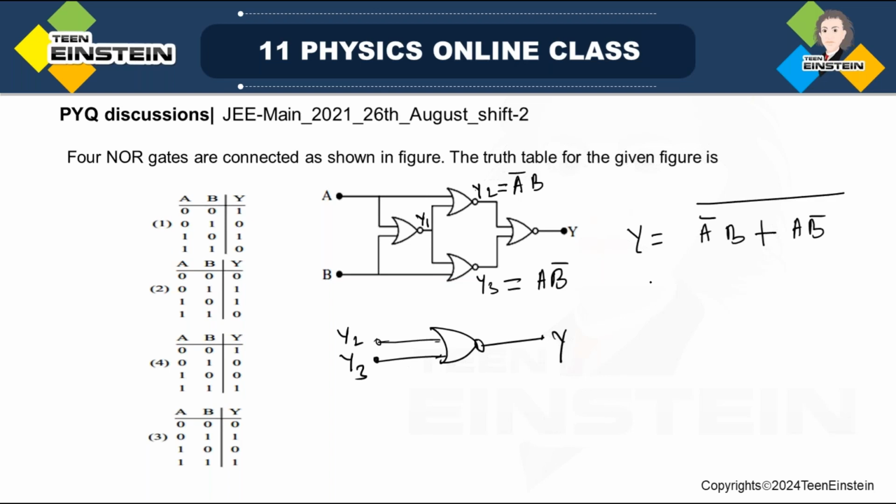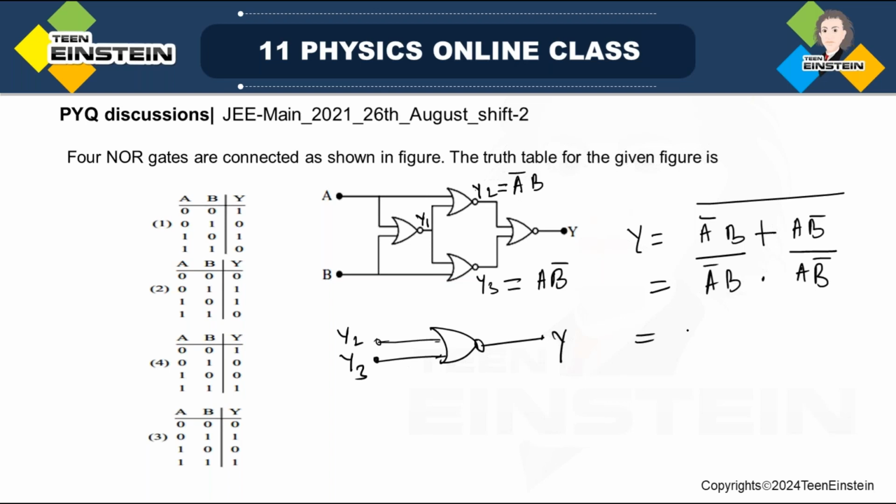Okay, then what I should get is (a bar) whole bar of that, dot, (a and b bar) whole bar of this.